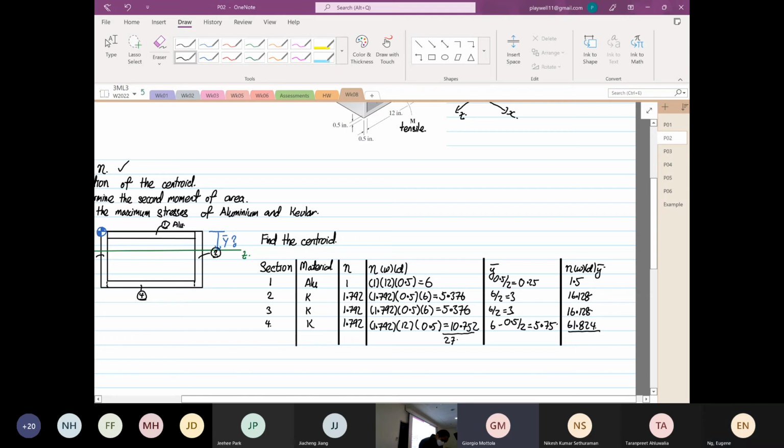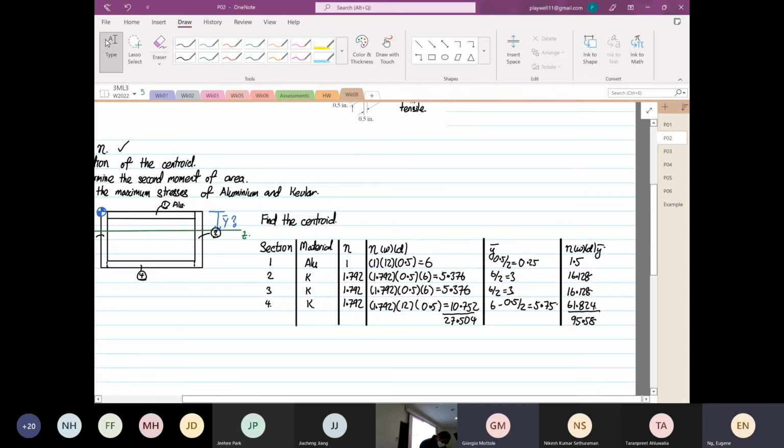27.504. And the other side, 95.58. So then we determine our global centroid, which is equal to 95.58 divided by 27.504.